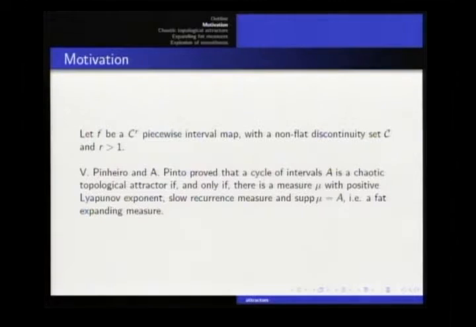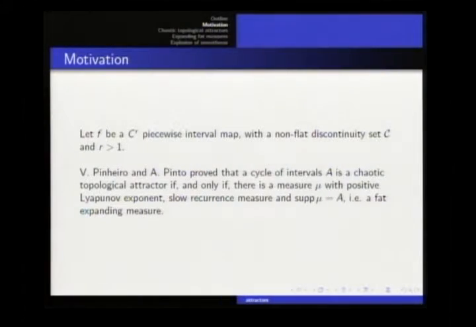So as a first step of our proof, we extend to this setting a previous result. For cycle interval maps, we show that a chaotic topological attractor, and I'll say later what it is, which is like the first definition I heard, or related to it, exists if and only if there is a measure mu that has a positive Lyapunov exponent, slow recurrence, and full support in the chaotic topological attractor.